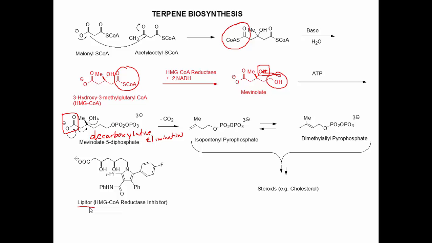So chemists at what was then Warner Lambert, now absorbed by Pfizer, said, what if we can make a molecule that looks kind of like the product here, mevinolate, and build into it some other features that will bind the enzyme and not let it go.